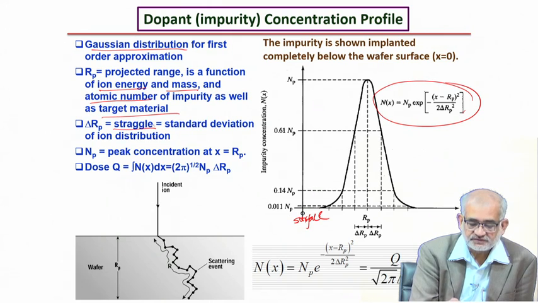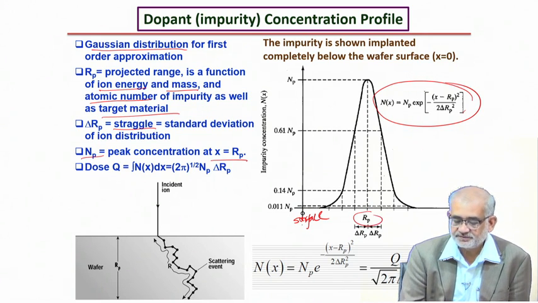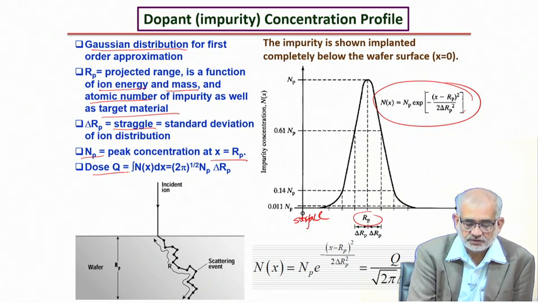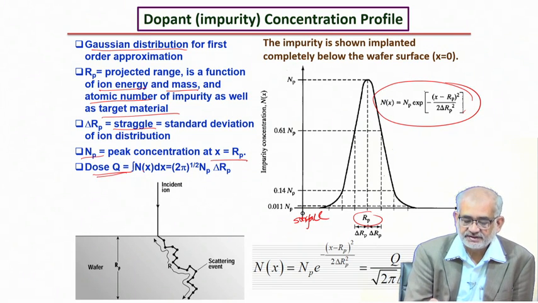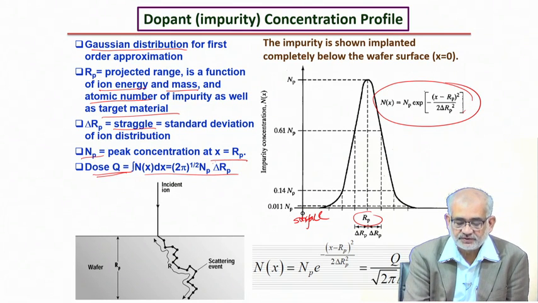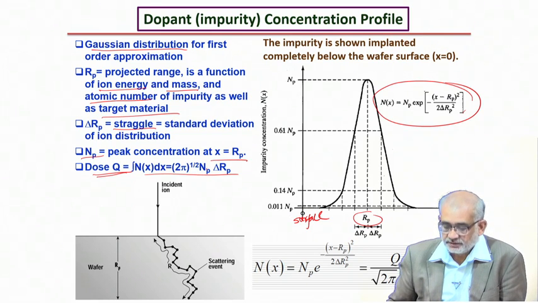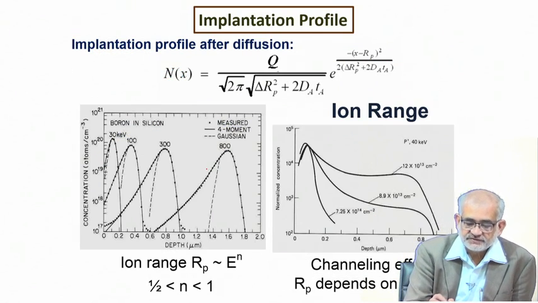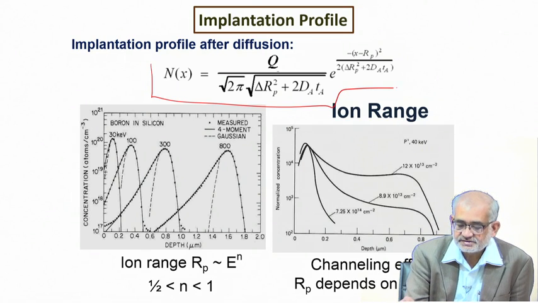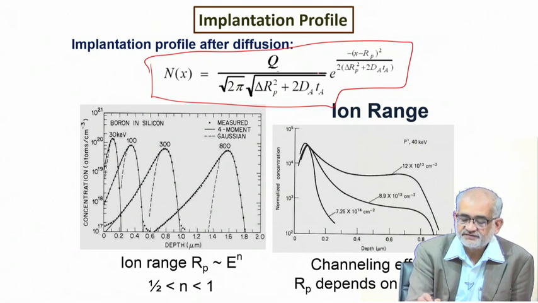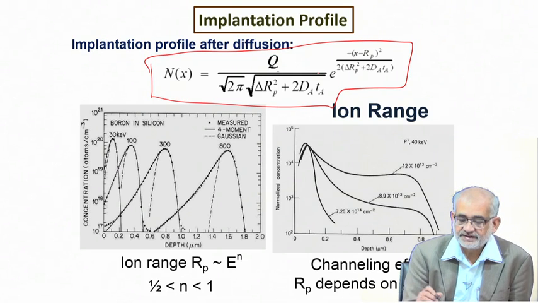Also, there will be a certain amount of lateral spread, or straggle, associated with this, and the peak concentration is not at the surface but at a distance of Rp below the surface. And the overall dose, the number of ions per unit area, will be given by a function like this, which depends upon both the straggle and the peak concentration. So this gives a fairly accurate diffusion depth and range.